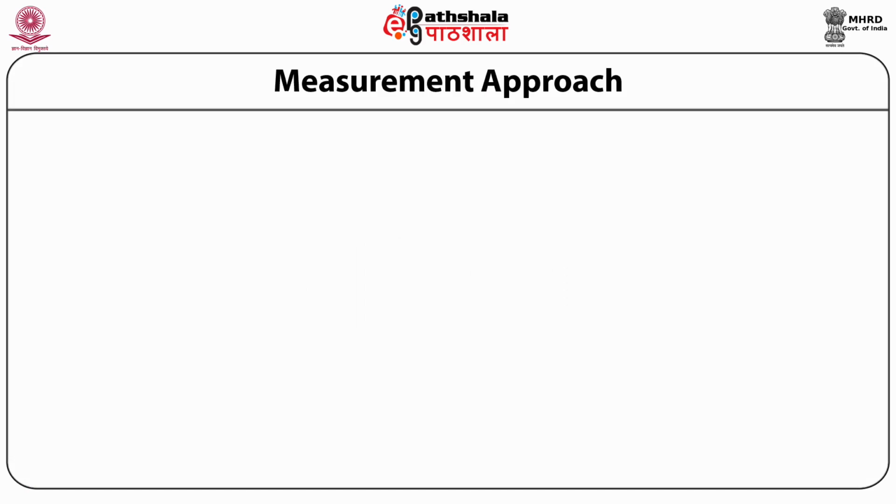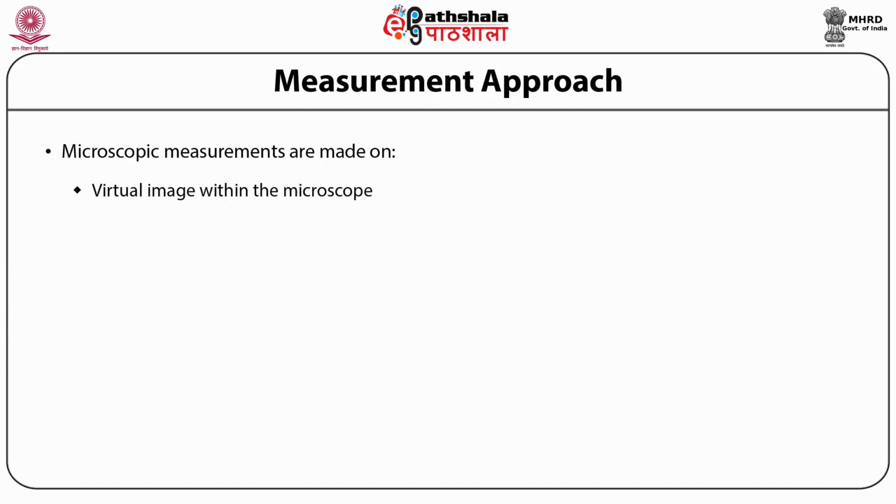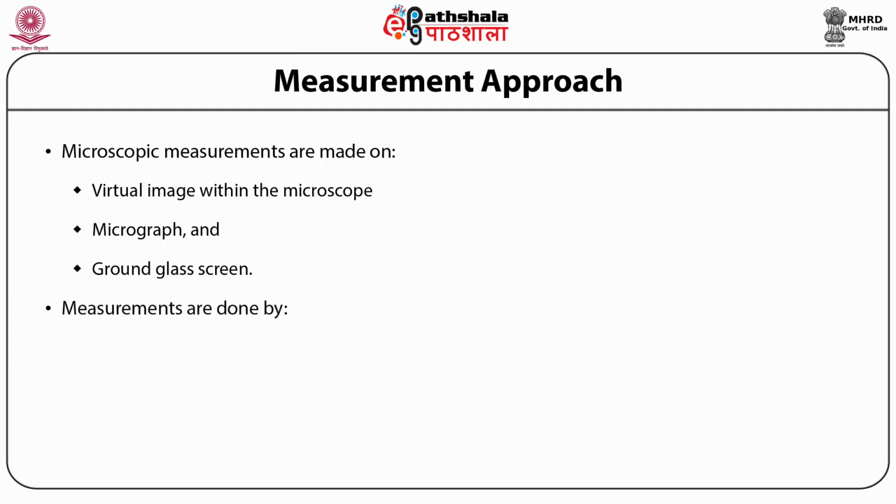The measurement approach includes microscopic measurements made on the virtual image within the microscope, the micrograph, and the ground glass screen. Modern microscopes are equipped with image analyzing facilities and other completely automatic quantitative measurements. Measurements are done by comparing with standard charts or templates. Secondly, it is calculated using a square grid.